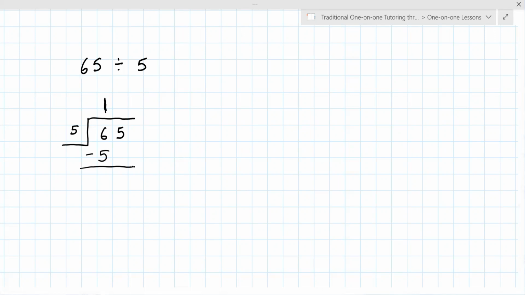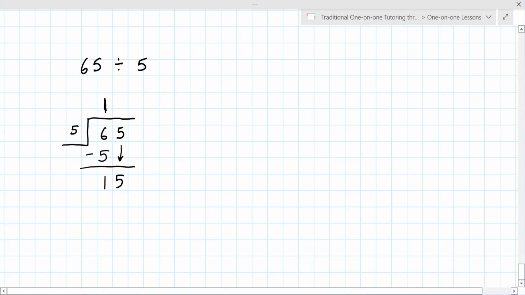6 minus 5 is 1. 1, and then you bring the 5 down. How many times does 5 go into 15? 3 times. Put the 3 up here. 3 times 5 is 15, and you subtract, and you're done here.